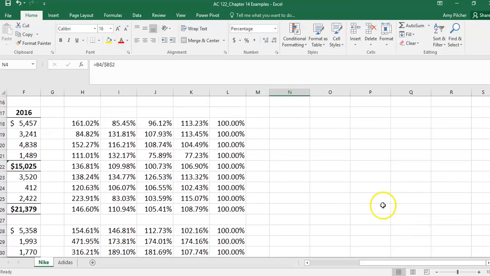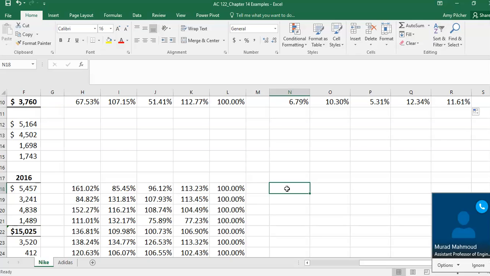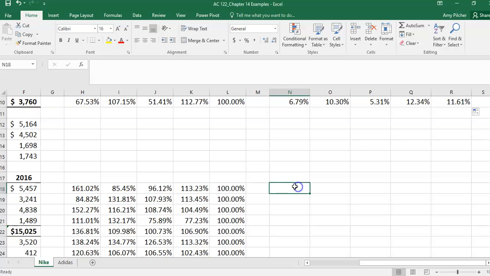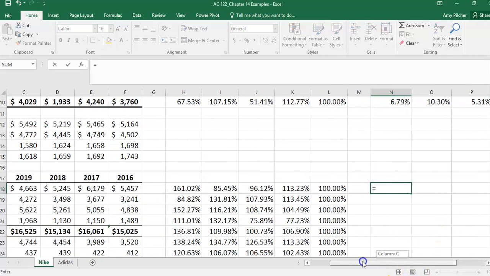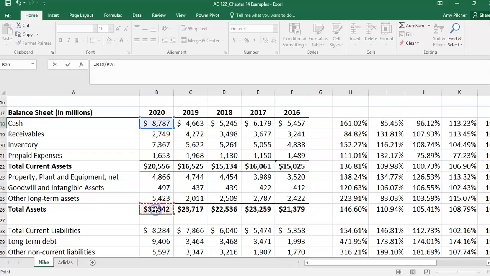When we go to the balance sheet, remember that our 100% line is total assets. With the balance sheet, we use total assets as our 100%. So we'll take cash, which is the first line in the balance sheet, divided by total assets.